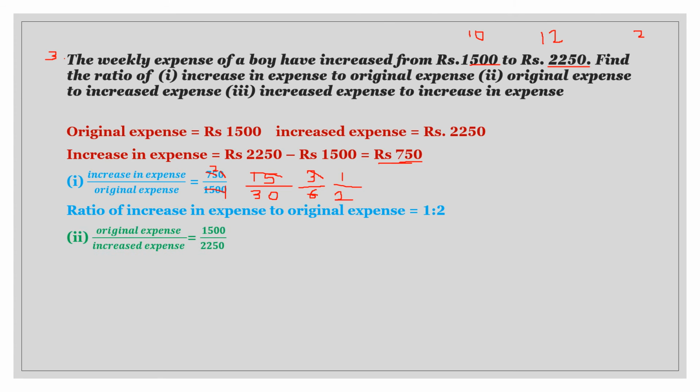Next is original expense by increased expense. So original expense was 1500 and increased expense. Remember, when it is increase in expense, you have to write 750. When it is increased expense, you have to write 2250. So here again I will cancel, not 2 zeros. I will just cancel 1 zero.